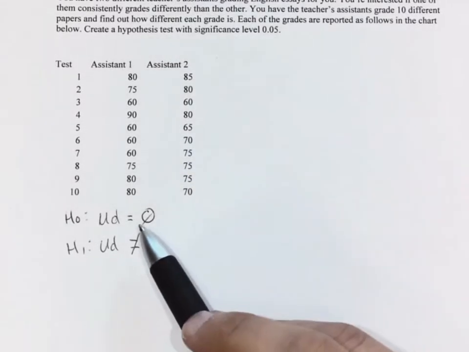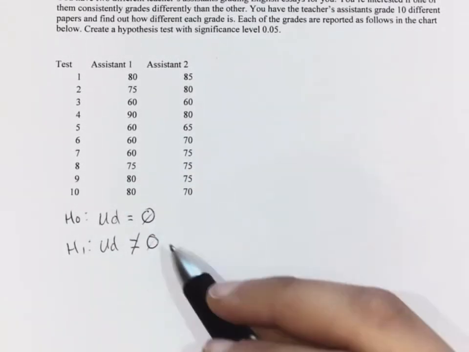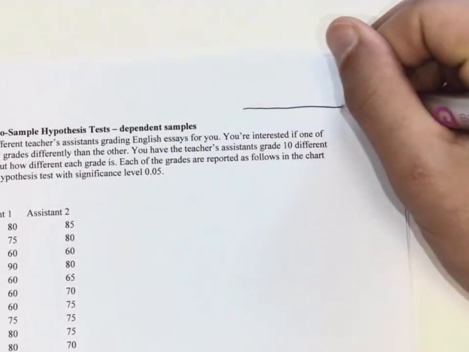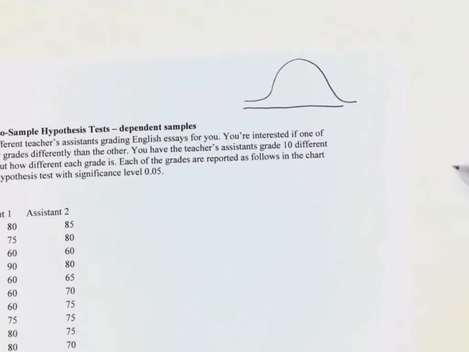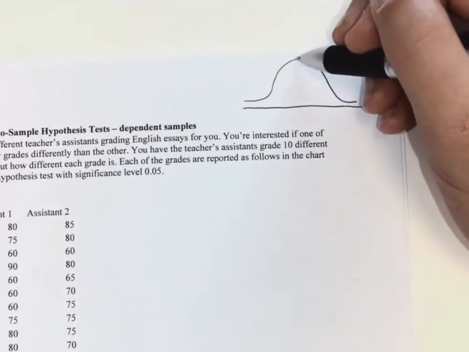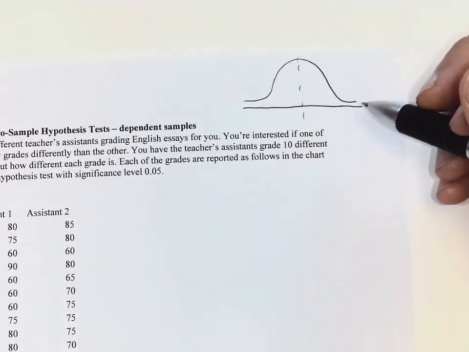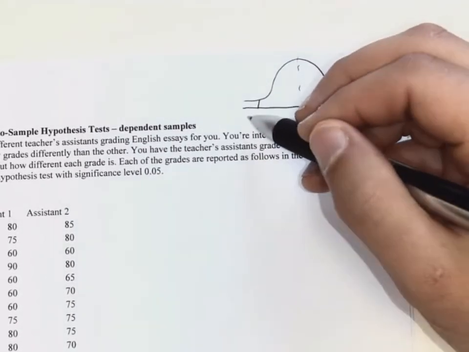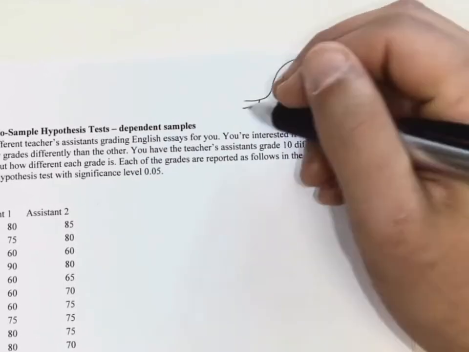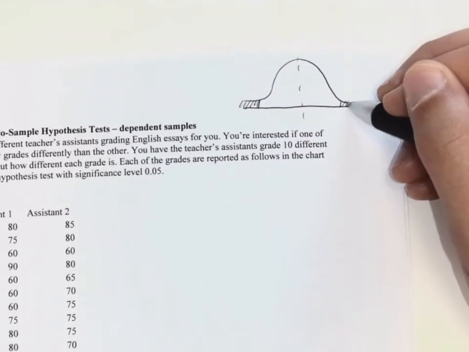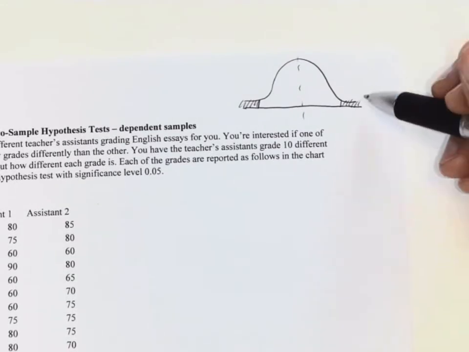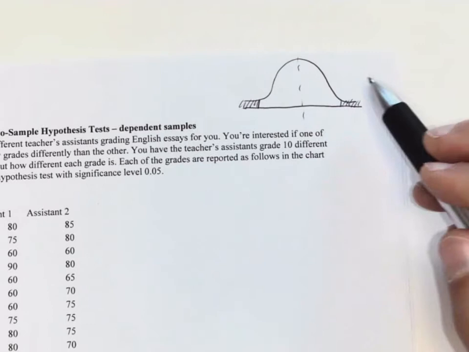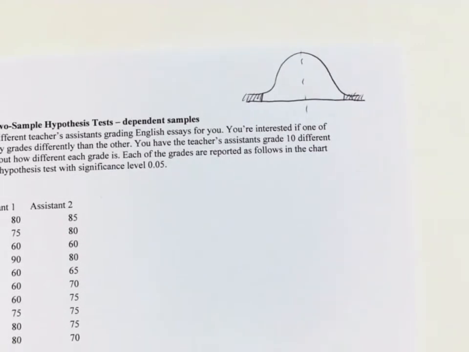So this is going to be a two-tailed test, because if there's a difference, and this is how a normal distribution looks with our mean in the middle, we could have a difference where teacher's assistant 1 marks lower, and it could be over here, or we could have a situation where teacher's assistant 1 marks higher. It could be over here. So this is a two-tailed test. If we were just to say higher, we'd be on the right side. It would just be a one-tailed test. So that's important when we get to our t value.